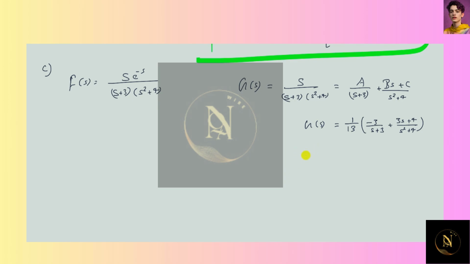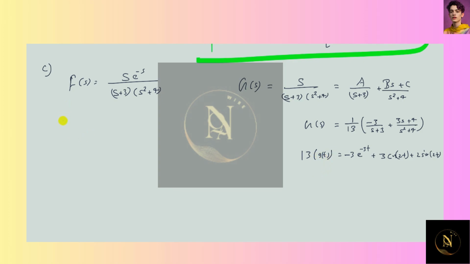So from here, 13 times g(t) is equal to minus 3e^(-3t) plus, with cos and sine respectively, 3 cos 2t plus 2 sin 2t. So now we have the value of 13 times g(t), so this is g(t).